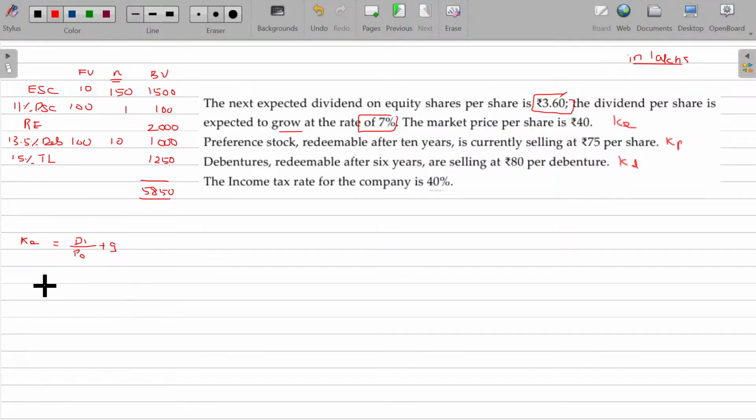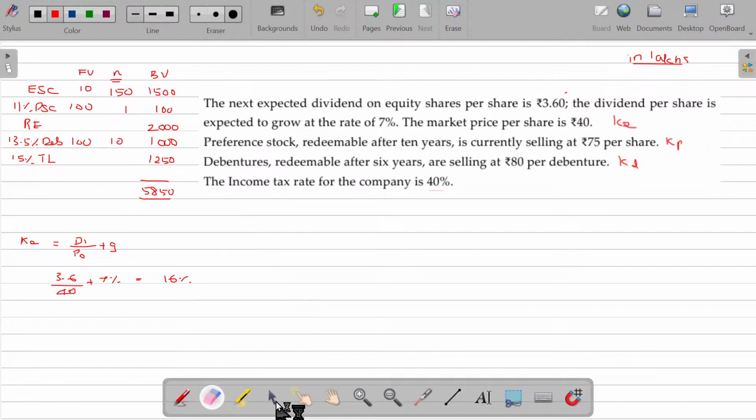So D1 in this case being how much? 3.60. P0 being 40 rupees and g being 7%. What is the ultimate value? 16%. Clear? 16%.